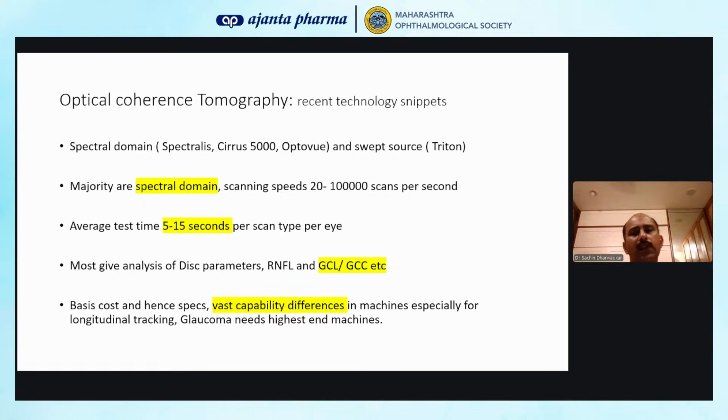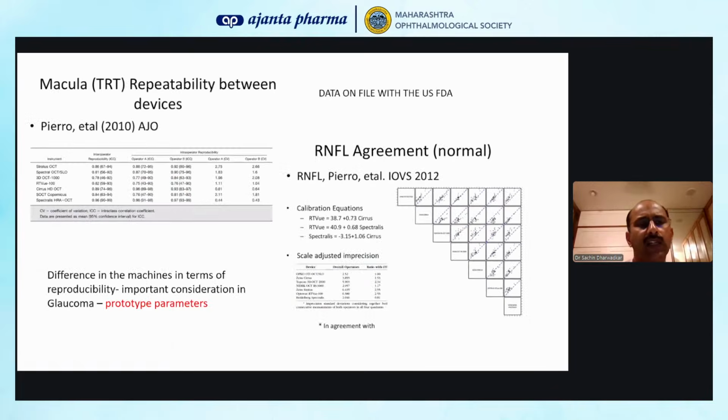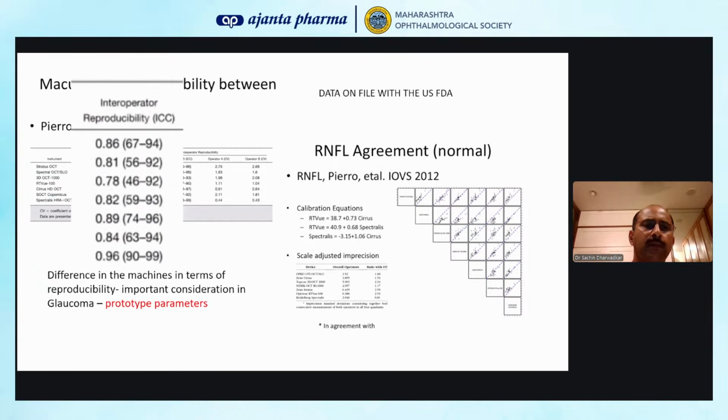cornerstone of treatment. So these kinds of data and studies have always told us that all machines are not the same. The test-retest variability and the axial and the lateral resolution of machines are very different. The inter-operator reproducibility is also a very, very important factor, and you can see that it varies a lot between different machines and different parameters in the same machine.